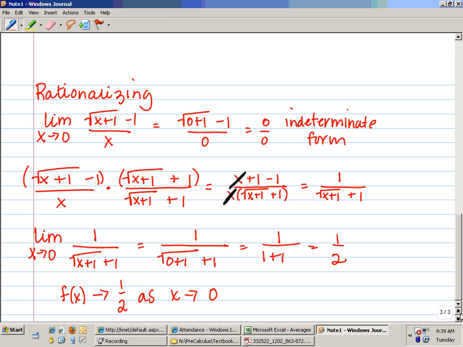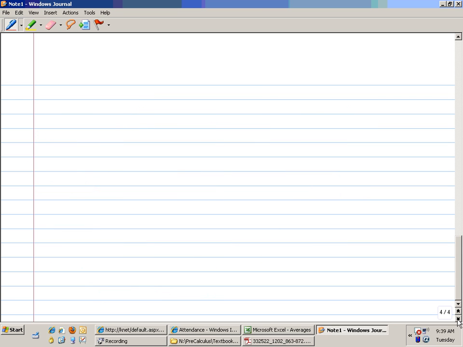Those are our two forms. So dividing out, you factor and then use direct distribution.